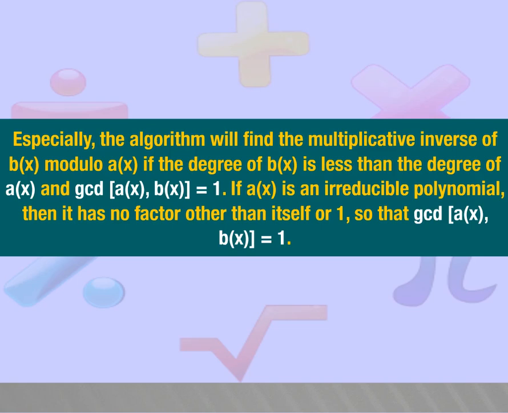If a(x) is an irreducible polynomial, then it has no factor other than itself or 1, so that GCD of a(x), b(x) is equal to 1.